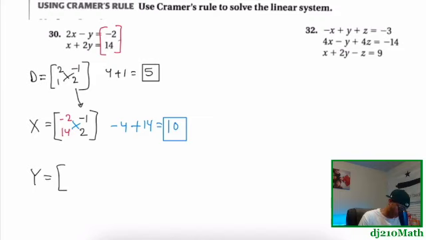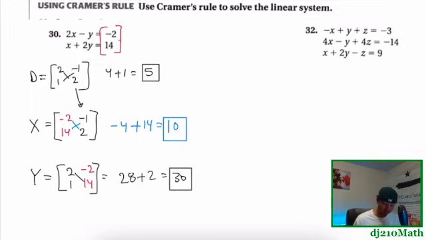Y. So we're going back to the original, right? The original. And now we're swapping in the constants for the Y values. This is going to be on the diagonal. We have 28 minus -2, which is 30.